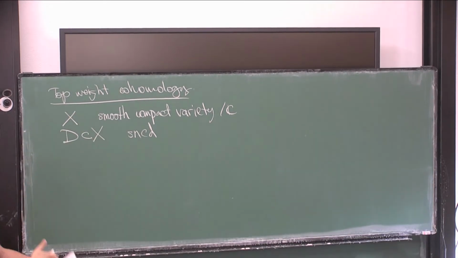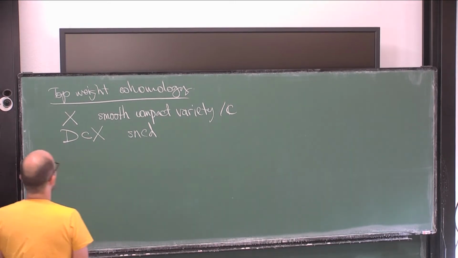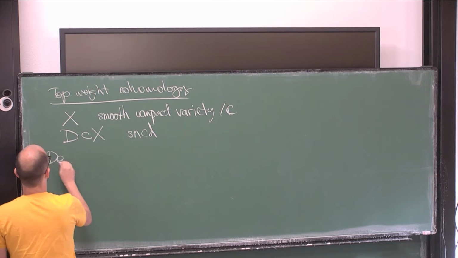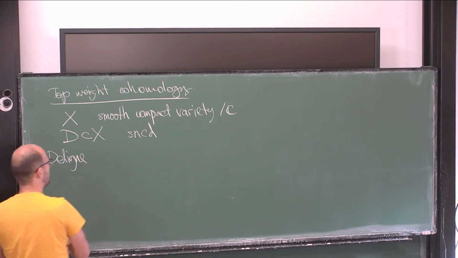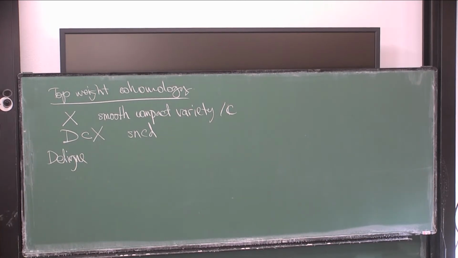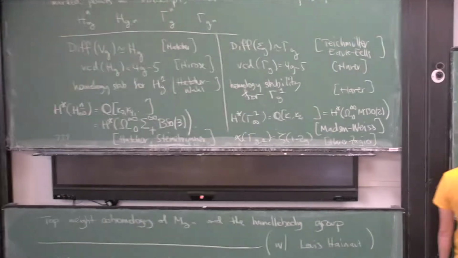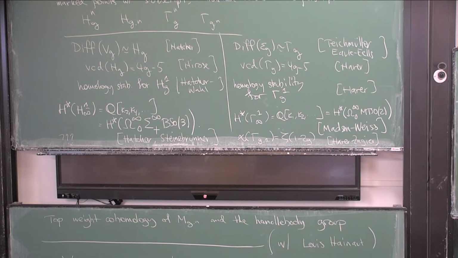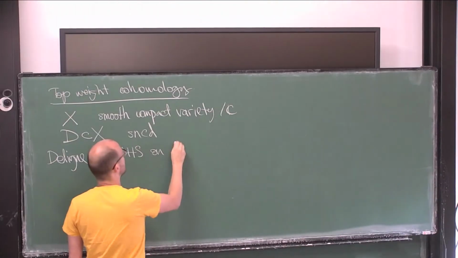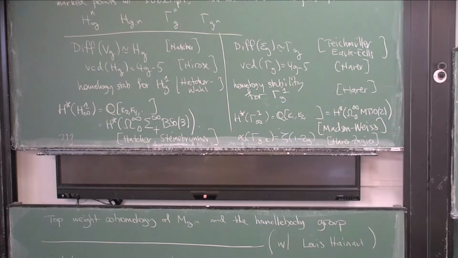So I have a collection of smooth hypersurfaces, and they intersect transversely. And in this situation, there's a very explicit description due to Deligne of how to construct a mixed Hodge structure on the cohomology of X minus D.